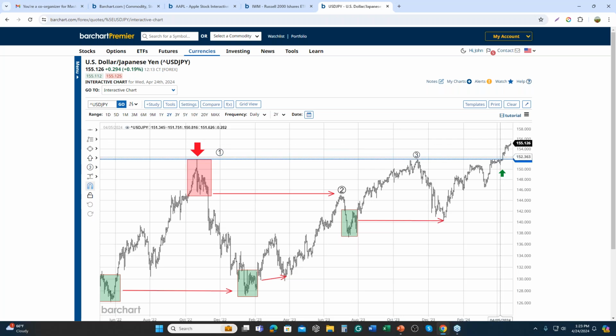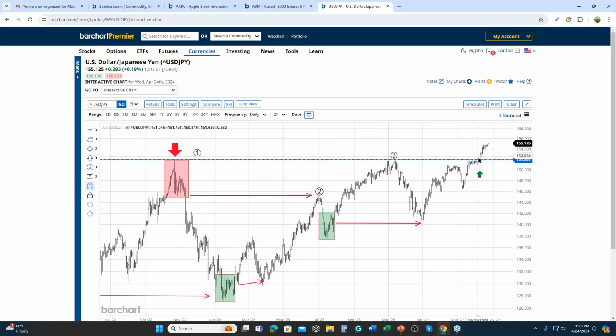Now what will probably happen is that this level of resistance will become a level of support. And this might have been an actionable opportunity to take some type of breakout trade.